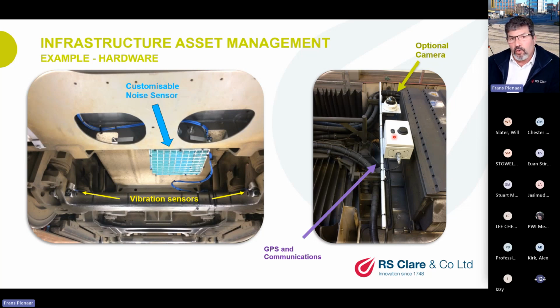So we'll have to talk to the fleet to get different information from the trains of where they are. You can also have a camera. This is optional. The camera is usually used for the pantograph monitoring, but we will get to that a little bit later on.